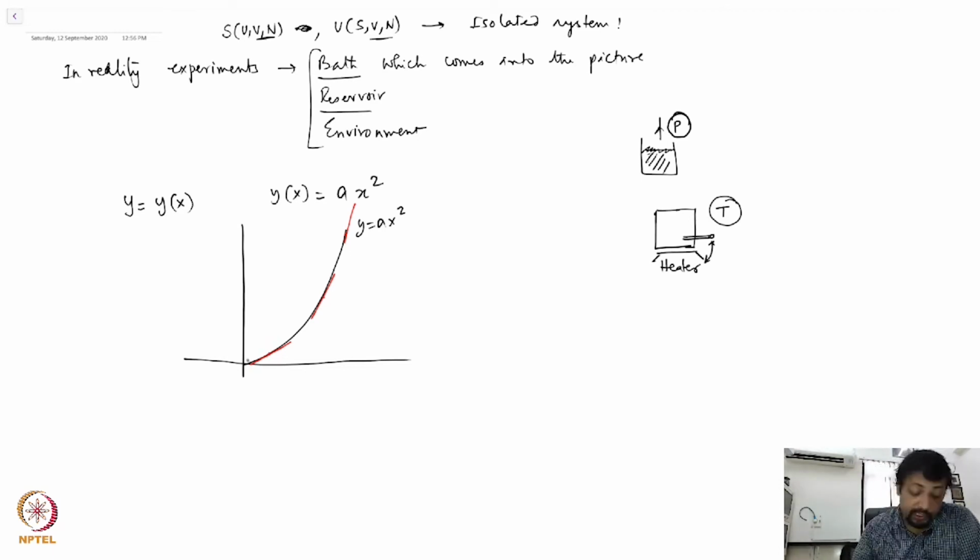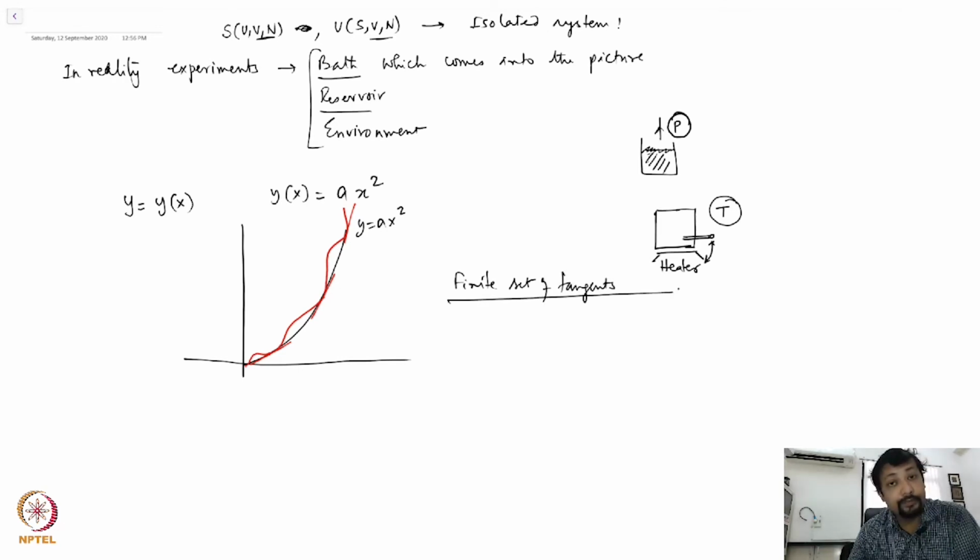Clearly, if there are only 3 tangents, you can say no. For example, I can have a curve which goes like this, and then like this. This is a different curve, but the tangents are the same. Therefore, if I give you only a finite set of tangents, you cannot extract the same information, or you do not encode the same information.